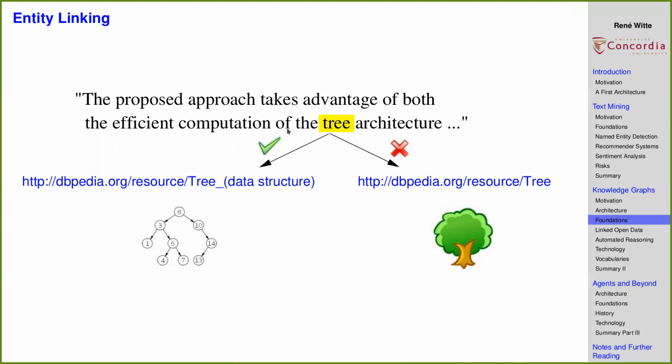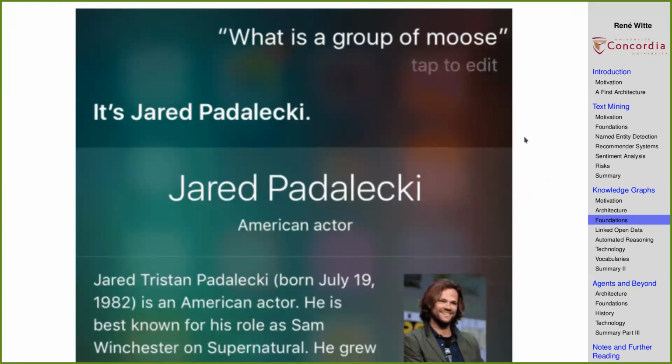Now you can see that very often you need some context information to find the right entry. And very often this can go wrong. And again, this is an example of AI becoming entertaining when things go wrong. This is an example that was widely published some time ago, where somebody asks Siri, what is a group of moose? Now, is it a flock of moose or a clouder, or what do you call it? And the answer that came back from Siri was, surprisingly, Jared Padalecki, which does not make any sense, right?